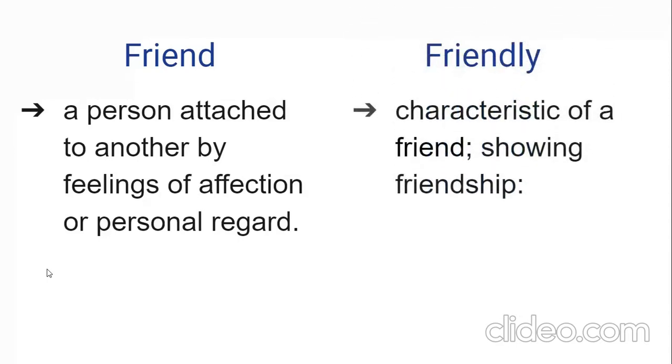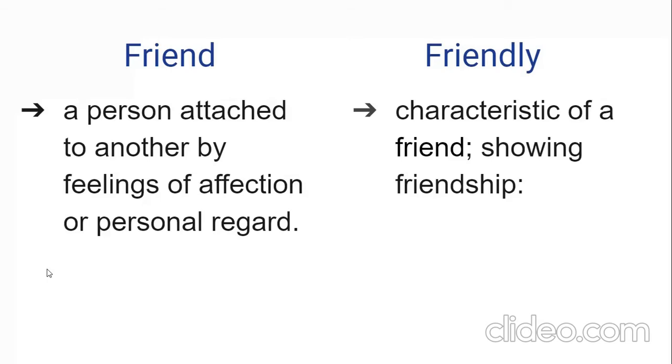When you talk about the word friendly, it's no longer a noun. So we're no longer talking about a person. We're talking about the characteristic or characteristics of a person or of a friend as showing friendship, right? So a friendly person is one that smiles, that you can talk to, that you can ask questions, that seems approachable, right?